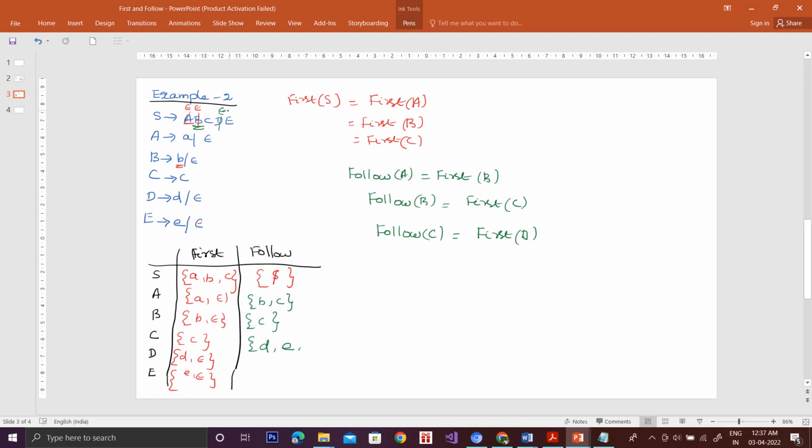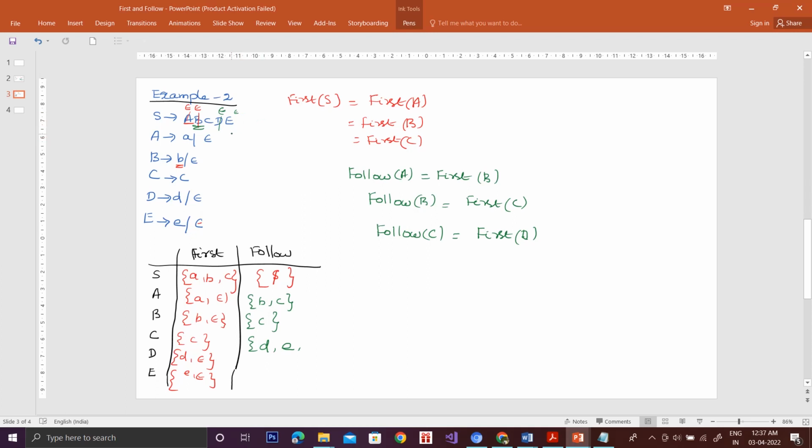Also, for E we have E as well as epsilon, so now this vanishes. Here it is capital E, and there is no symbol after that.